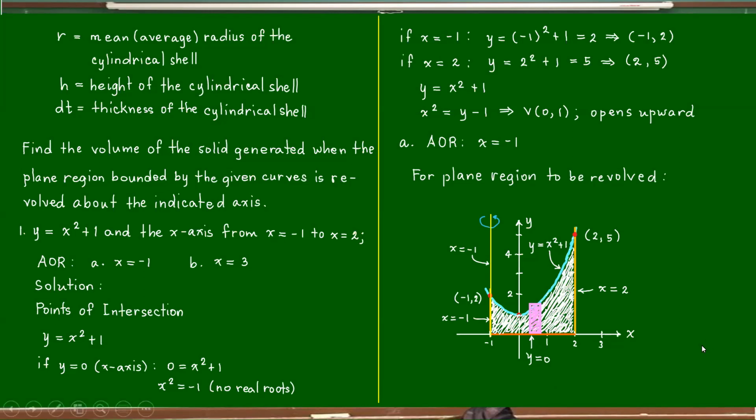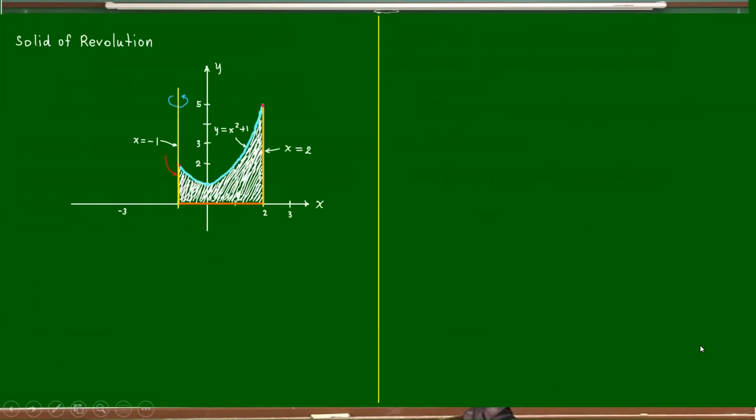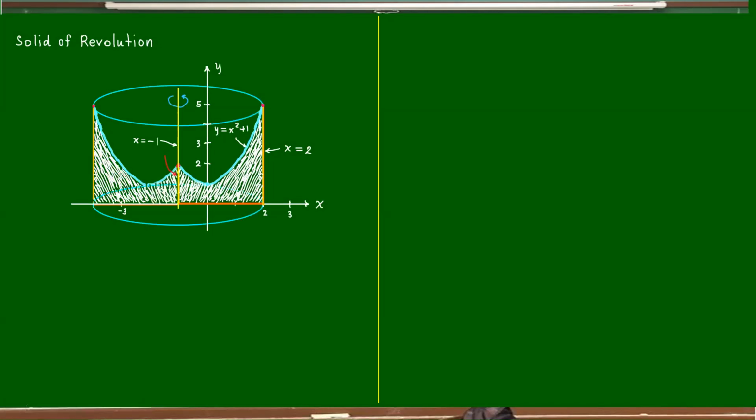So let's now revolve this. This is the solid generated when revolved about the line x equals -1. Along with this, the area element, when revolved about x equals -1, forms a cylindrical shell. Using the cylindrical shell method, we have dV equals 2 pi r h dt.